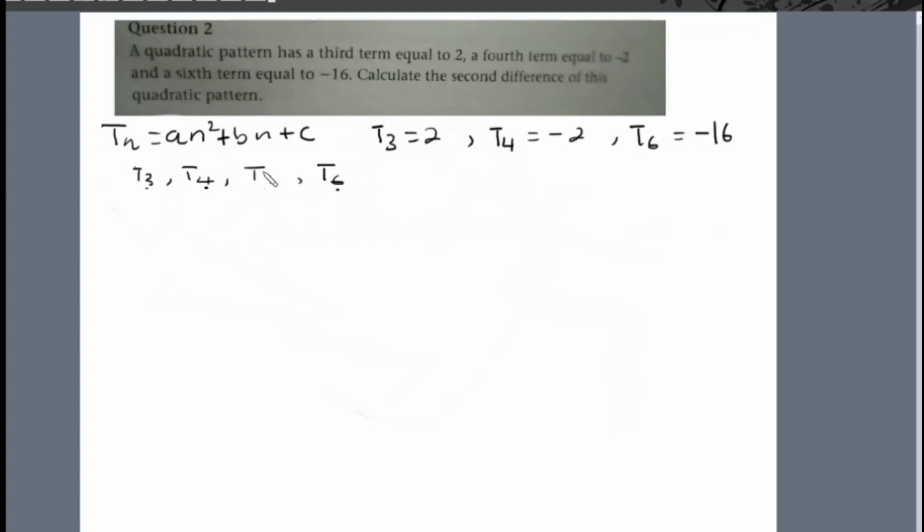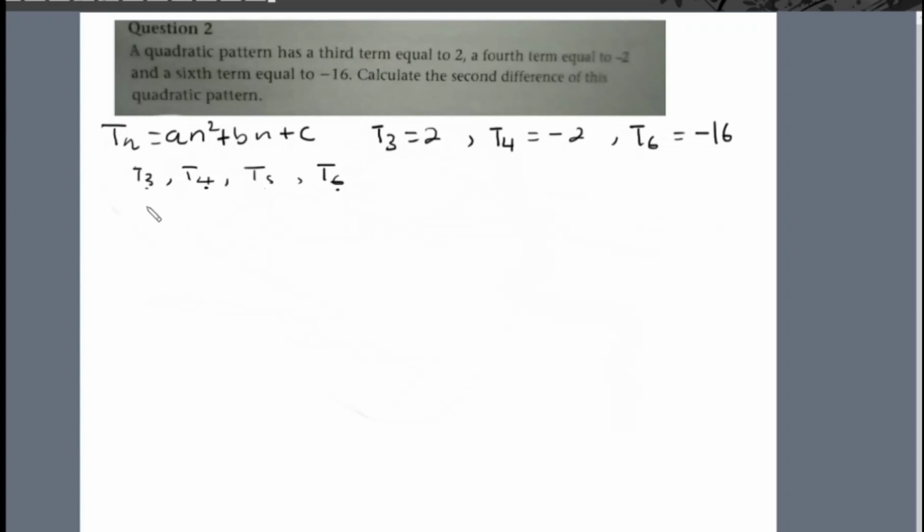So sino T5 lana abakasinikeli, right? But then we have those 4 terms. We need at least 4 terms, remember, to work with the quadratic sequence. So but we now have those 4 terms. And then but from those 4 terms we can calculate the second difference, right?